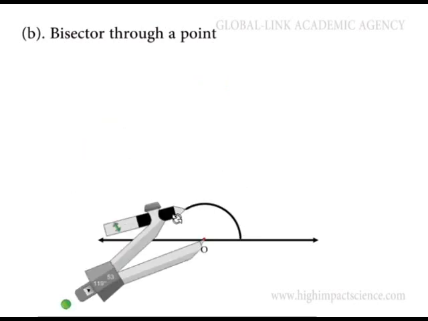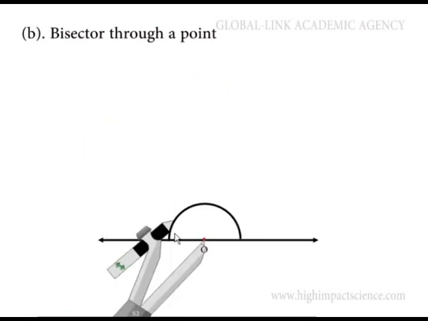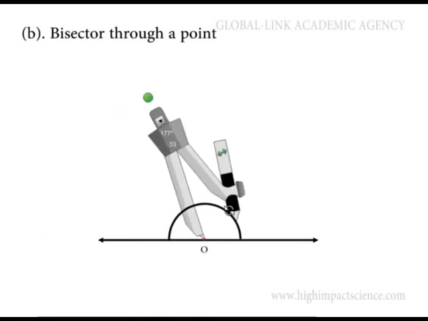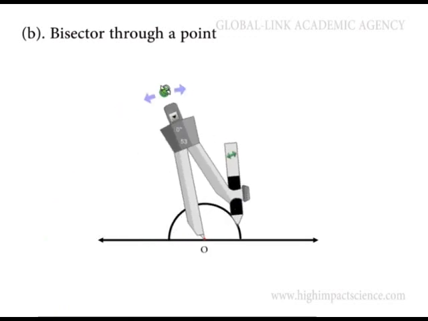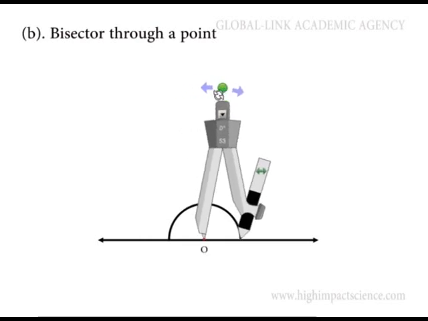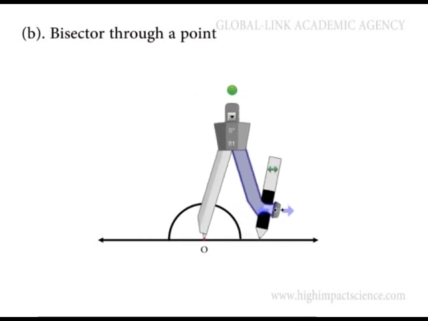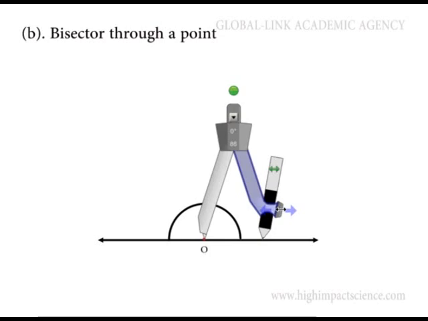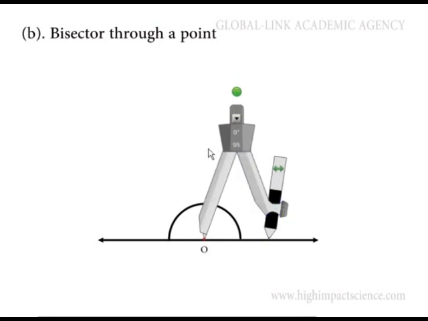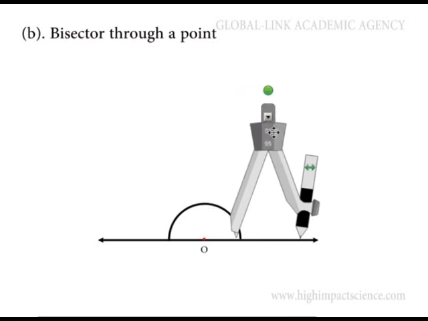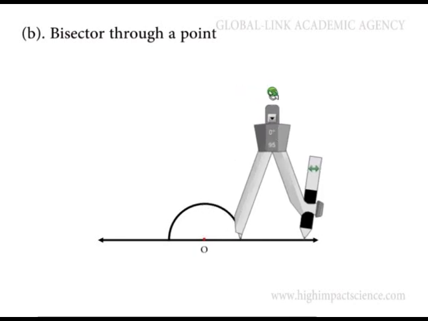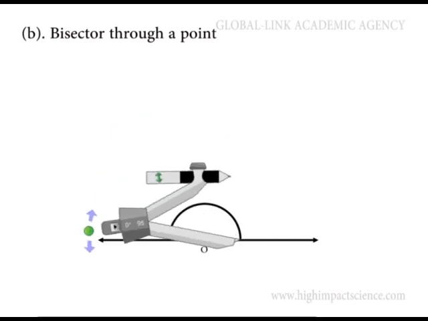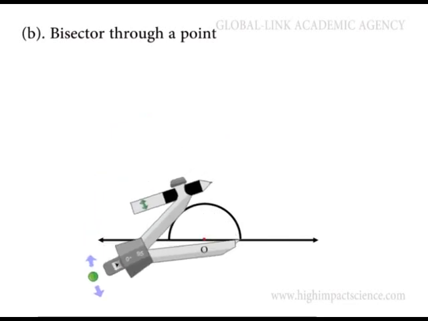and make a semicircle. Then I'm going to choose another radius bigger than the first one. We place the compass at the intersection here and mark an arc above the point here.